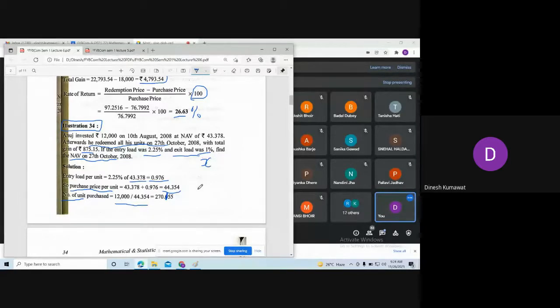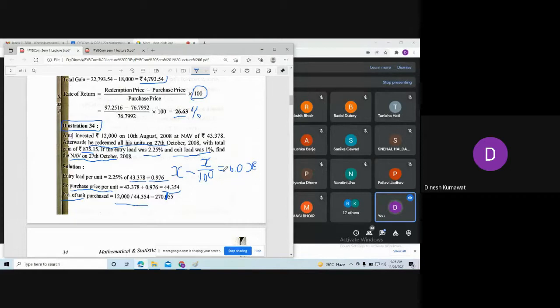Okay, and we are going to calculate 1% on x. So 1% on x is nothing but x by 100, which is nothing but 0.01x. This is 1% on x. And we are going to subtract this 1% on x from x, which is our redemption net asset value.